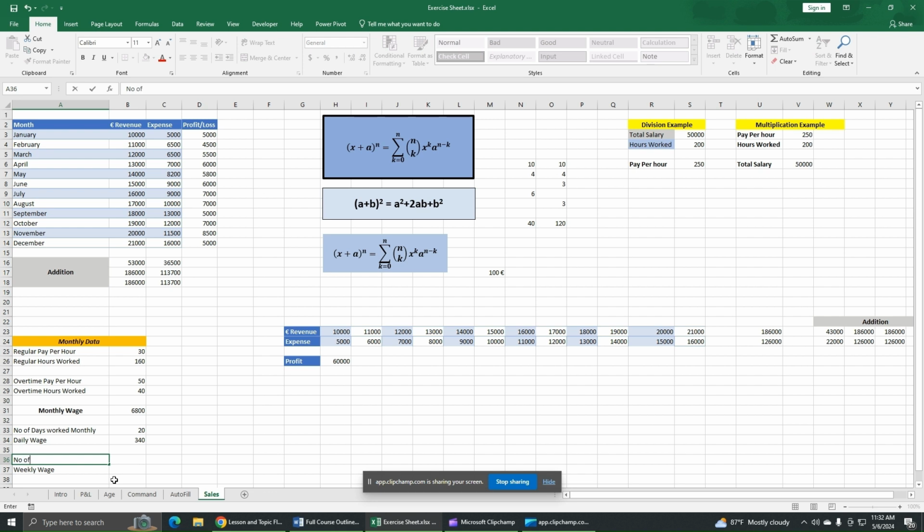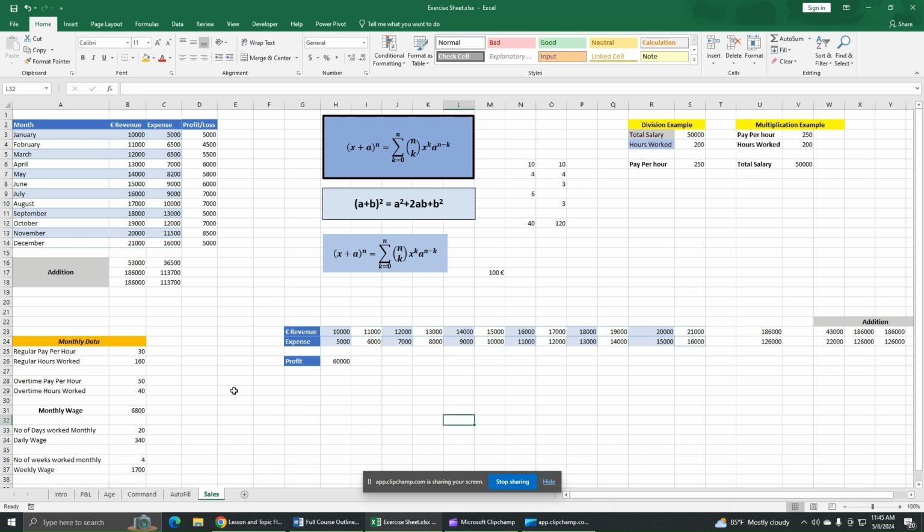So, number of weeks worked monthly. There are 4 weeks in a month, so I am typing 4. So what is his weekly wage? Again, give the equal sign, then monthly wage divided by number of weeks. So this is how we can get his weekly wage.